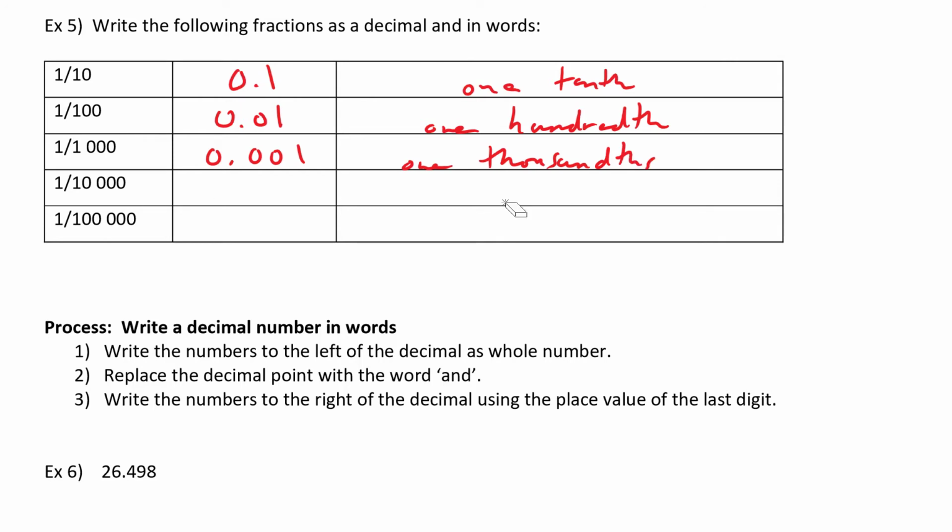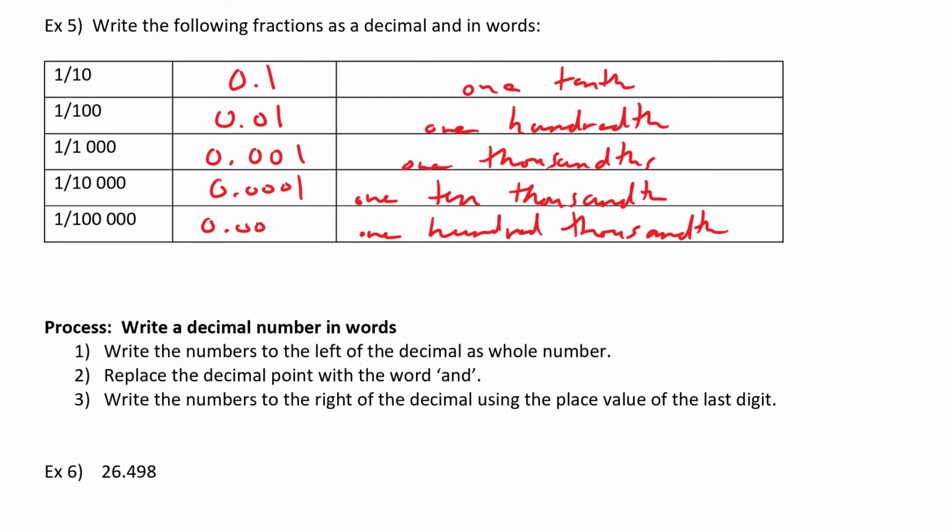Here we have 1/10,000, so this is 1/10,000th. 1/100,000, this is 100,000th. And here we just add in those extra zeros. And there you have it.